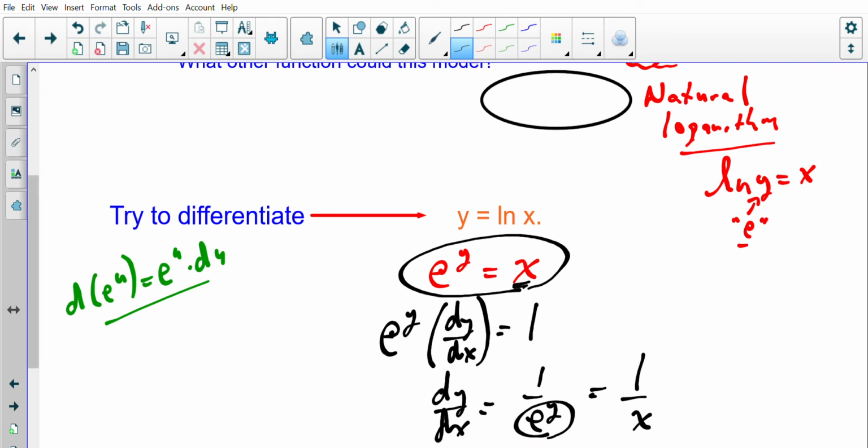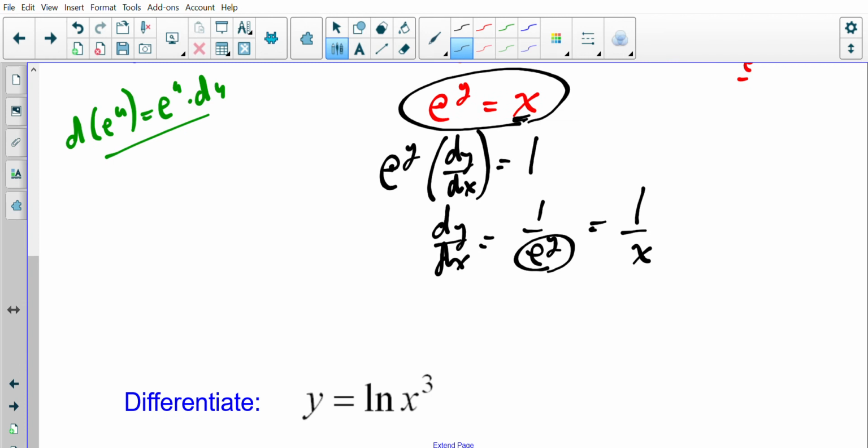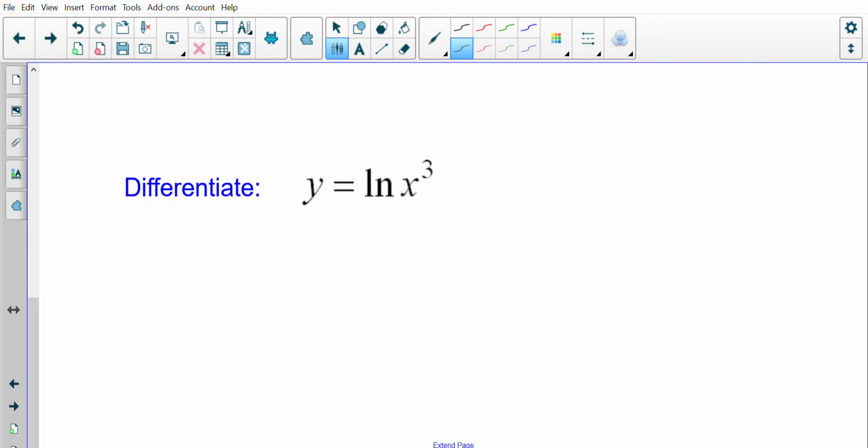Let's try that with something besides just x. Let's find the derivative of the natural log of x cubed. Notice this exponent is not on the natural log. We will eventually run into something like ln of x with the exponent outside, which means, like it does with trig ratios, natural log of x all to the exponent 3.